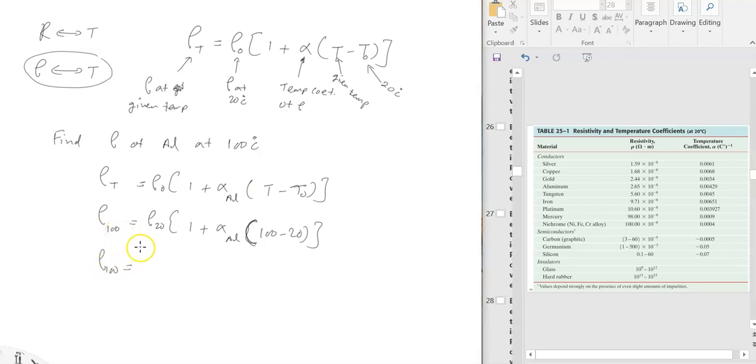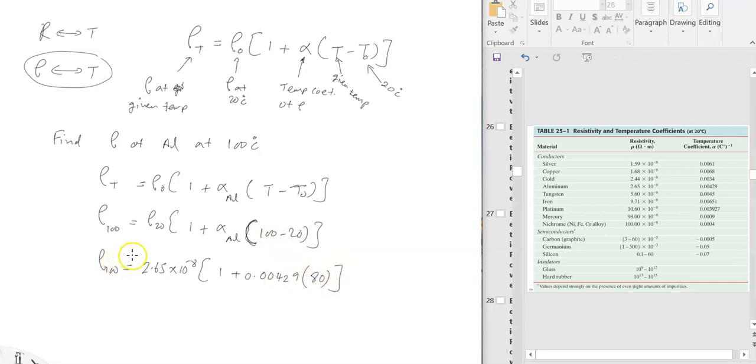Rho 100 equals rho 20, the resistivity at 20 degrees for aluminum, it's right here, 2.65 times 10 to the negative 8, times 1 plus alpha aluminum, 0.00429, open bracket, 100 minus 20. Actually, 100 minus 20 is what? 80, right? 80 is here.